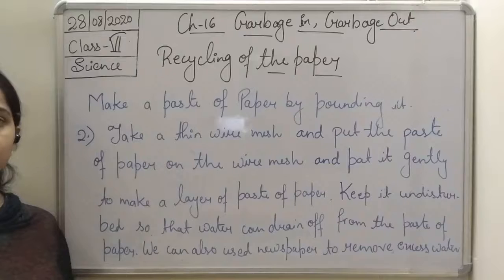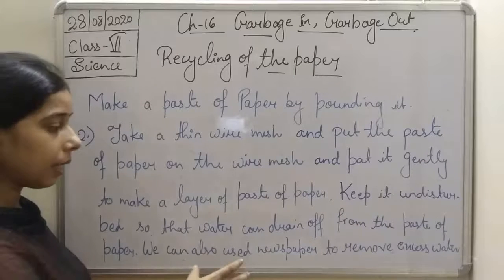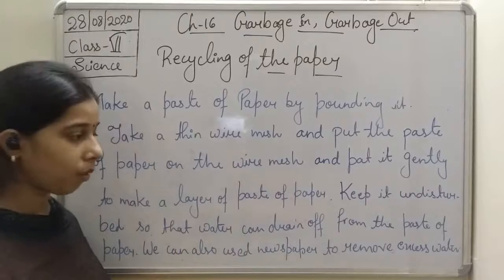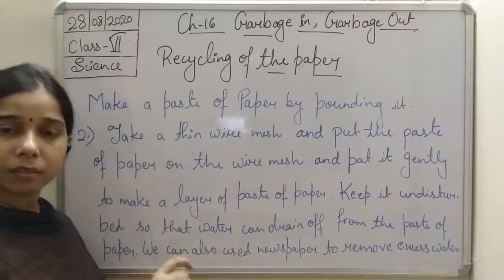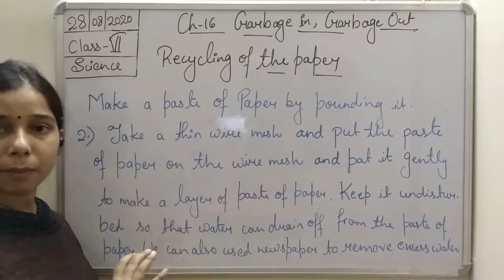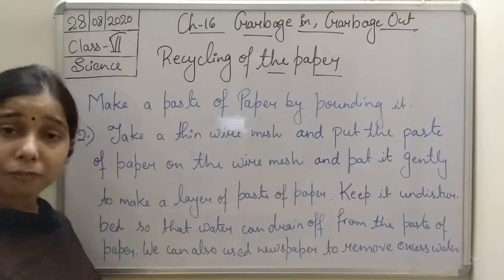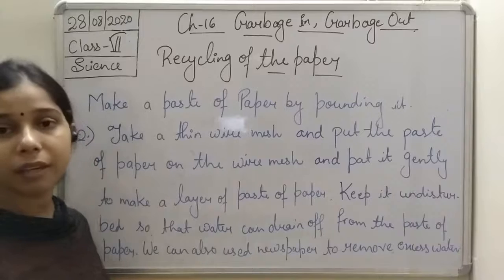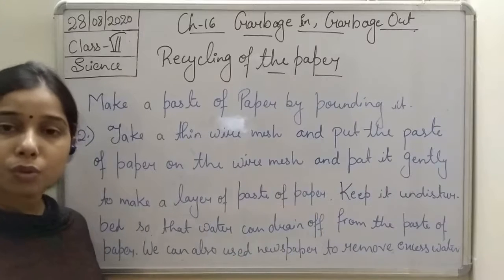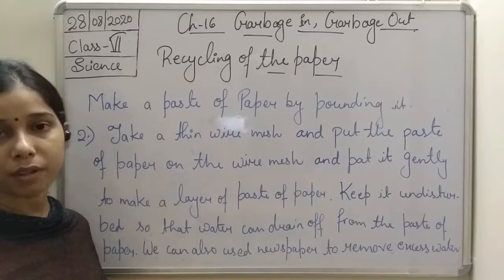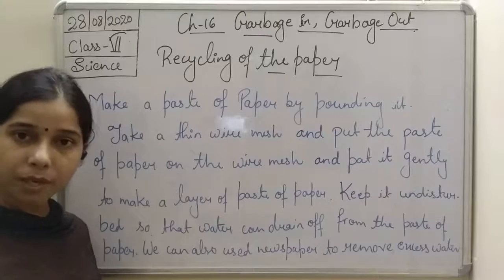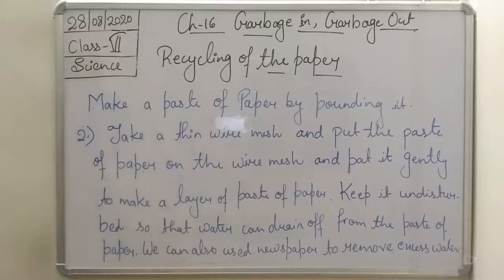What you will observe, students, is that the water will start draining off, and the layer of the paste of paper will remain. If possible, we can use newspaper or an old cloth to remove the excess amount of water present on the layer of the paste of paper. Okay, so this is the second step.